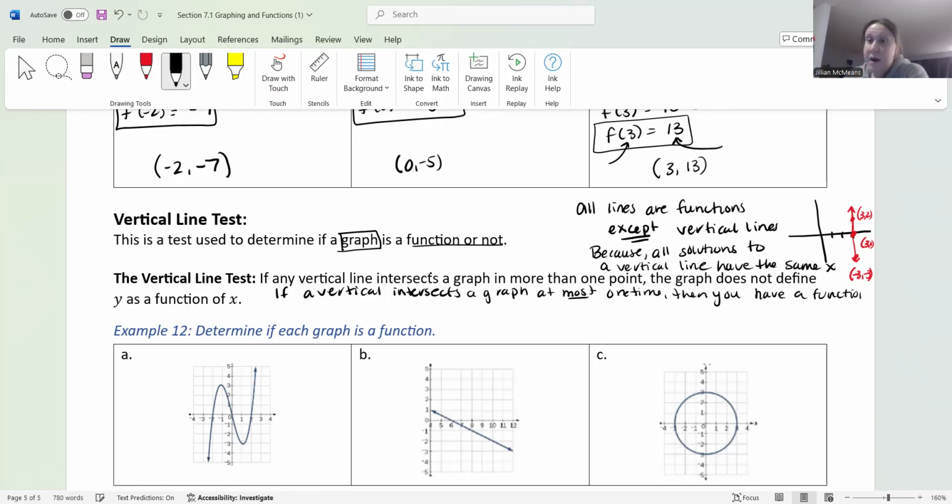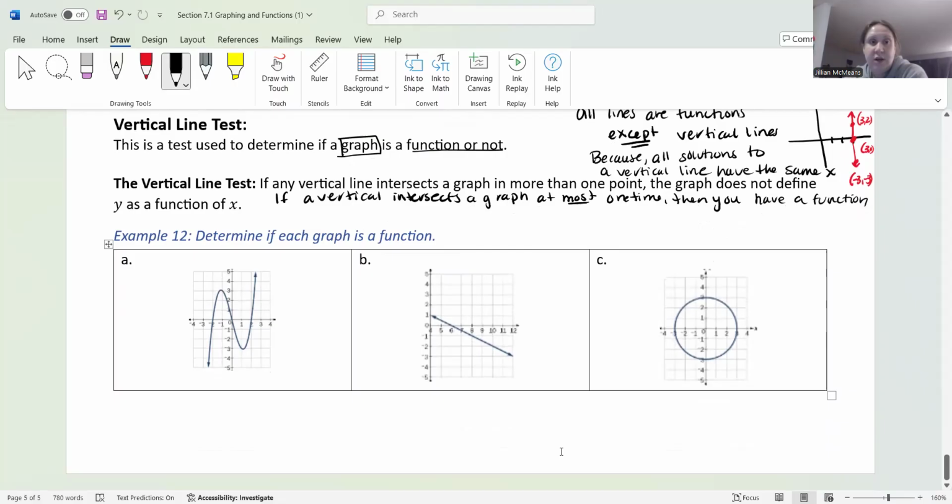So if an imaginary vertical line intersected your graph more than once, not a function. If it intersects your graph at most once, then you have a function. So you just sweep a vertical line across your graph, and if at any point you would intersect the graph twice, or more than twice, you know you don't have a function.